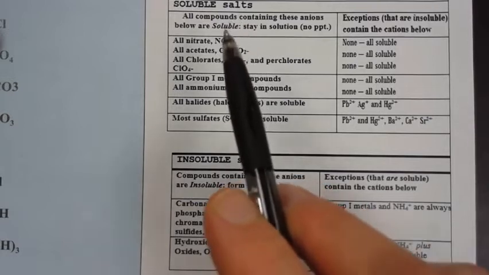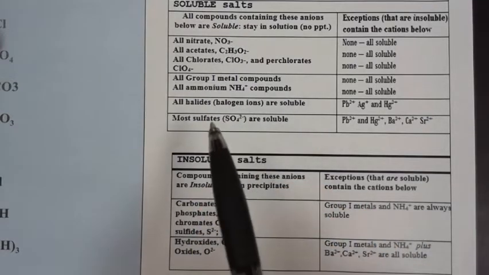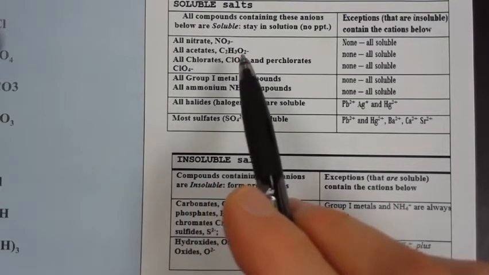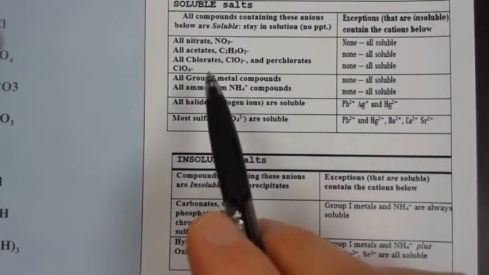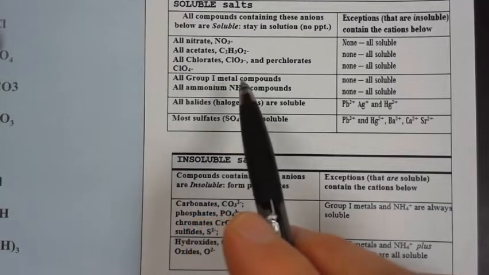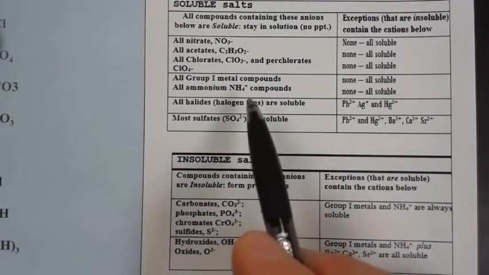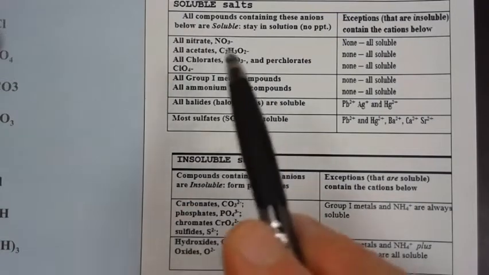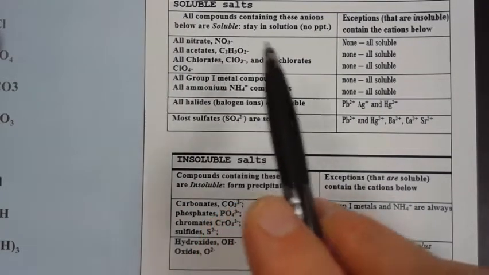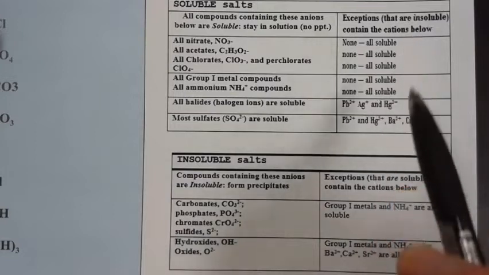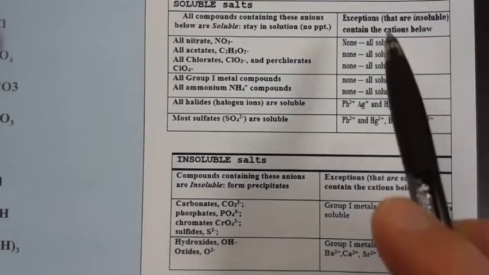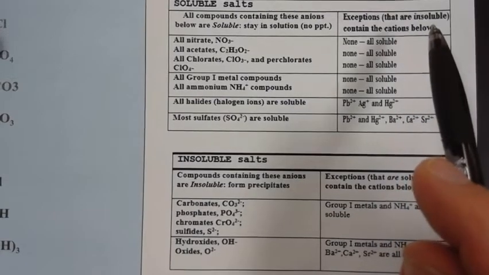So we read it by identifying the component on the left, right? If it has nitrate, acetate, chlorate, or perchlorate, if it's a group 1, ammonium, if it has a halogen, or if it has a sulfate, all of these things are readily soluble, but there are a couple of exceptions over here, and we have to figure out if it follows that exception rule, which would then make it insoluble.